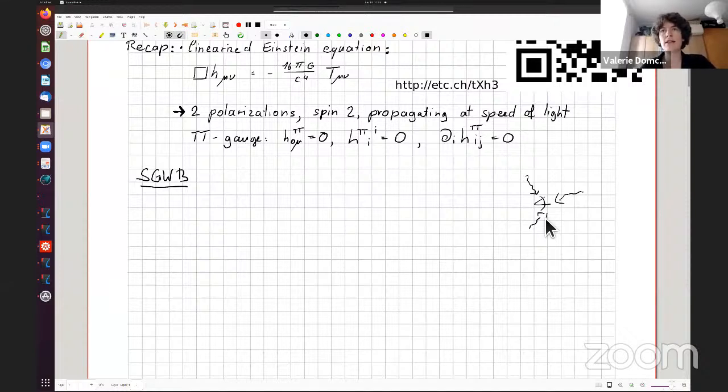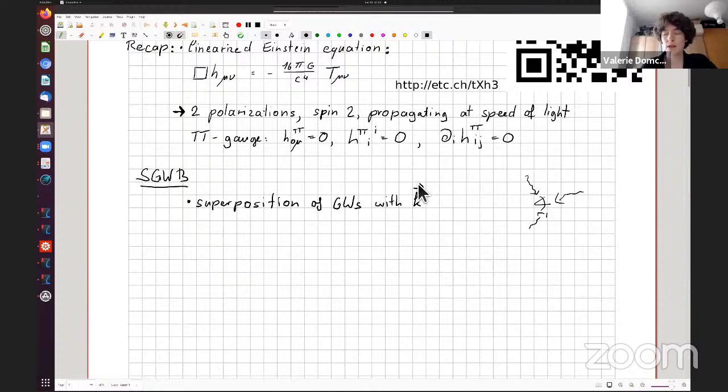So at the detector level, what you observe is a superposition of gravitational waves with different k vectors, meaning different frequency and different direction. In some sense, this is very similar to what we observe from the CMB.